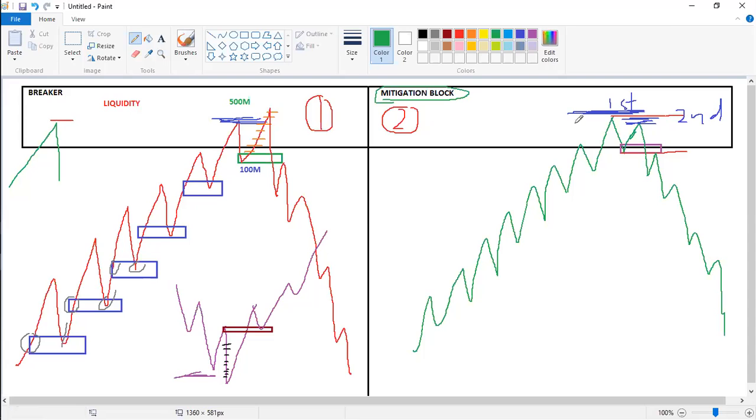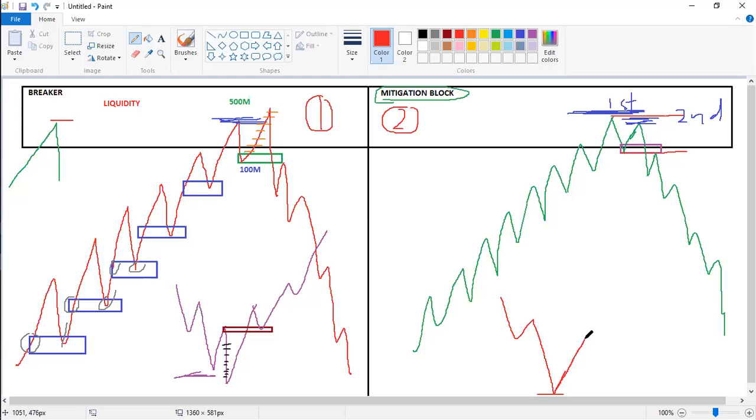So in mitigation blocks, the order block does not break market structure and does not take out liquidity, compared to a breaker. A breaker takes out liquidity. A mitigation block does not take out liquidity. It only pushes price to premium or discount. This is where they first put their first sell or buy orders.